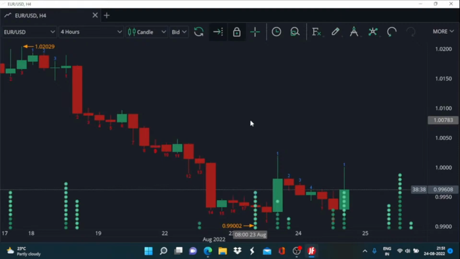And we can try to play the range, and look for opportunities to go long on the lower side of that range. So these are some of the possible formations which we can rely on while looking to profit from this TD sequential indicator.